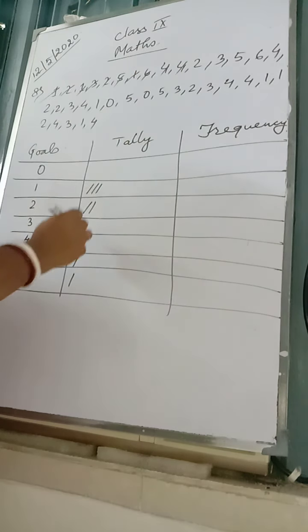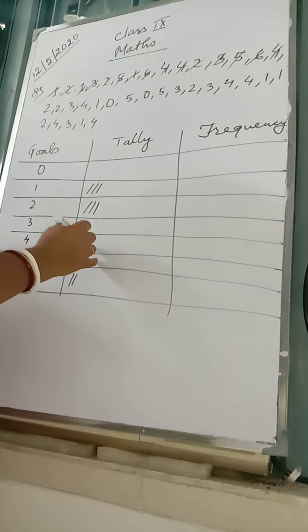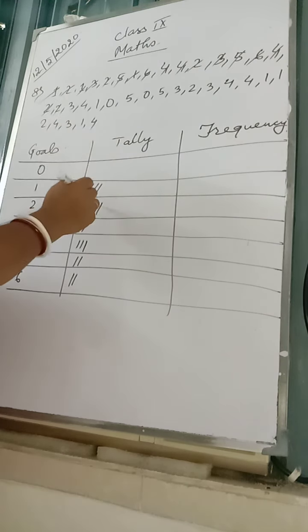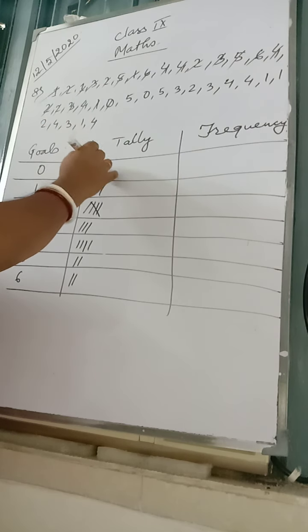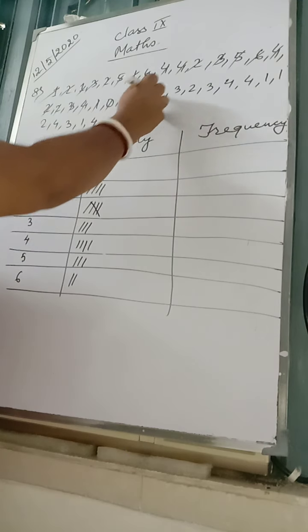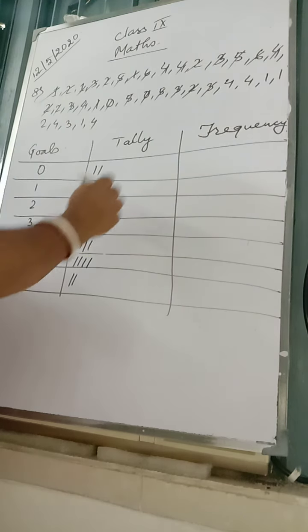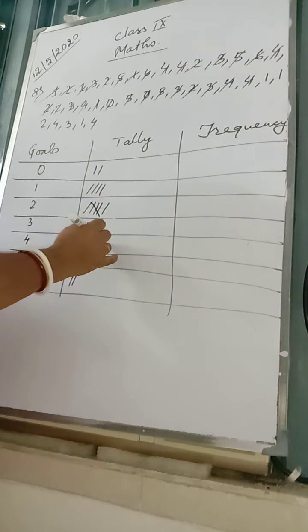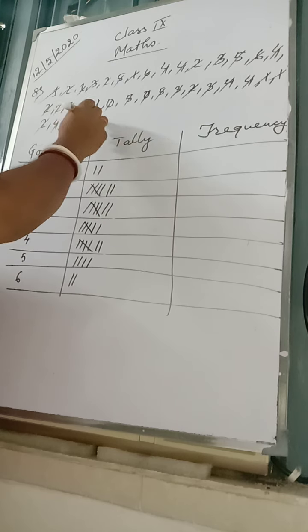Again 1; 6, that comes in 6; 4, 4, 2, 3, 5, 6, 4, 2, 2, 3, 4, 1, 0, 5, 0, 5, 3, 2, 3, 4, that comes in the 4's column, 4, 1, 1, 2, 4, 3, 1 and 4.